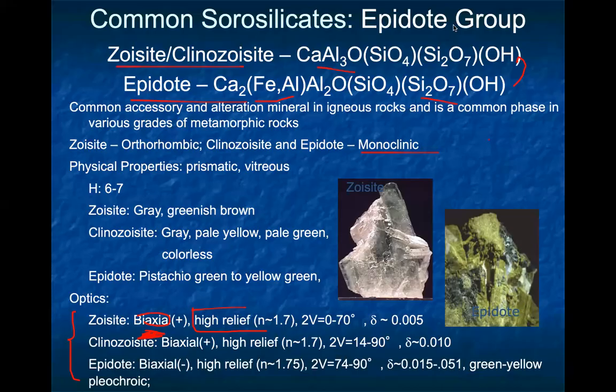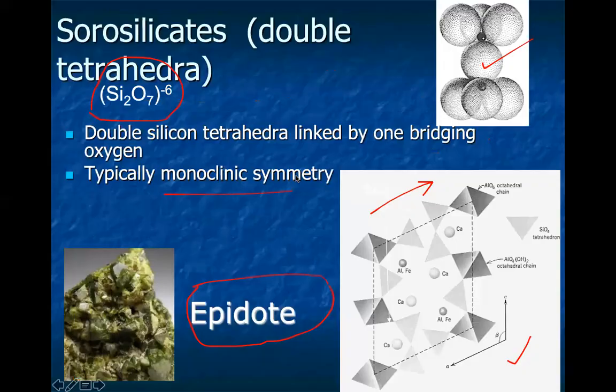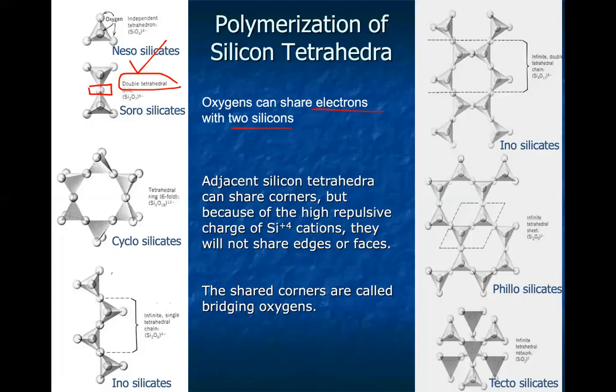So going back to the silicon tetrahedra: mesosilicates, sorosilicates, and the next type is cyclosilicates. So it's like a ring type structure. Some people call it ring silicates because they are interconnected in the manner of a ring. That's why it's called cyclosilicate.